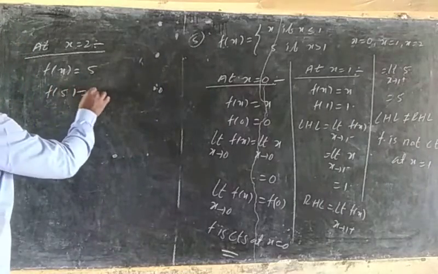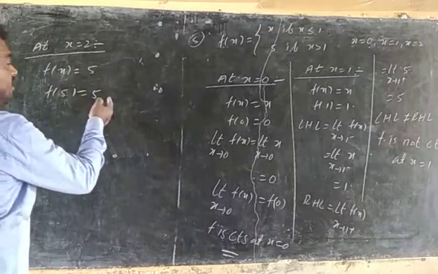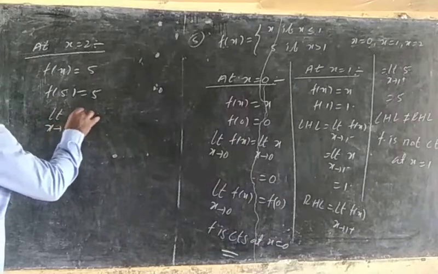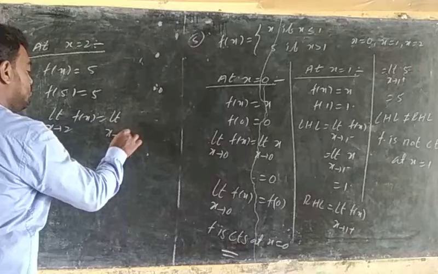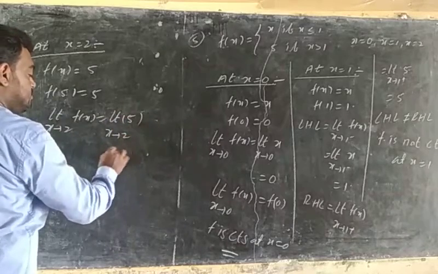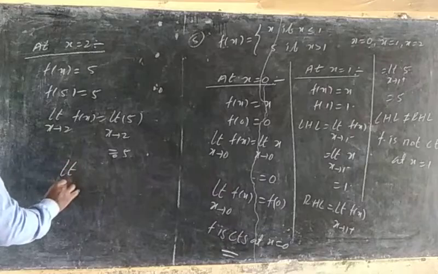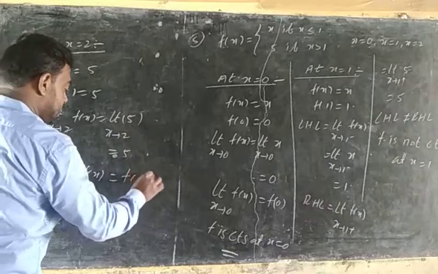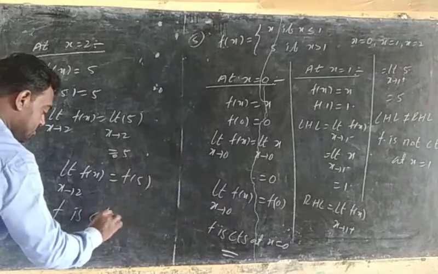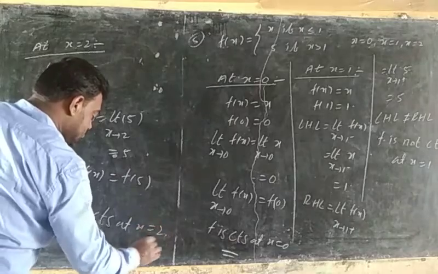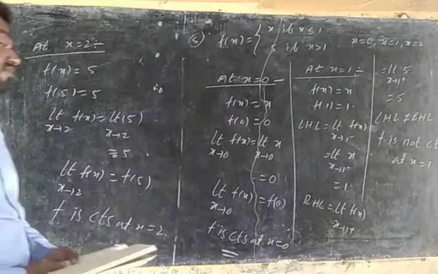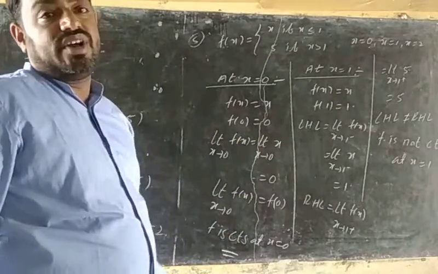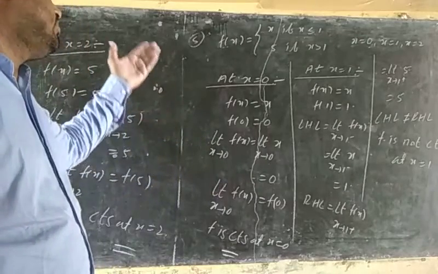So f(2) = 5. Next, the limit as x tends to 2 of f(x) equals 5, which equals f(2). Therefore, f is continuous at x = 2. Therefore, the function f(x) is continuous at x = 0 and 2, but not at 1. This is the solution for the fifth question. Understood?